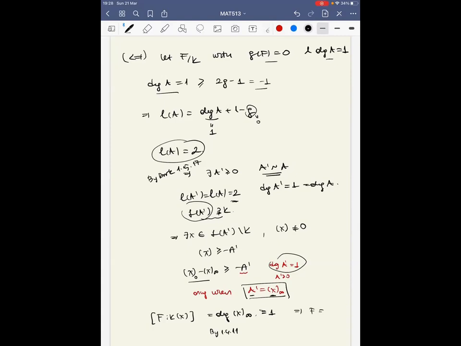And this shows that any function field with genus 0 that contains a degree 1 divisor is a rational function field.